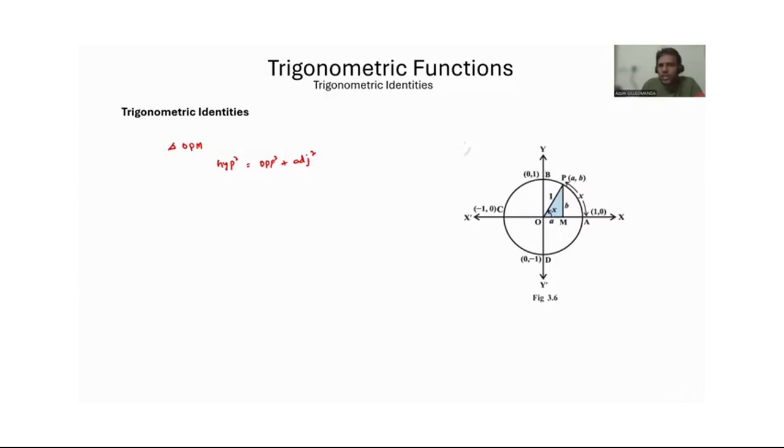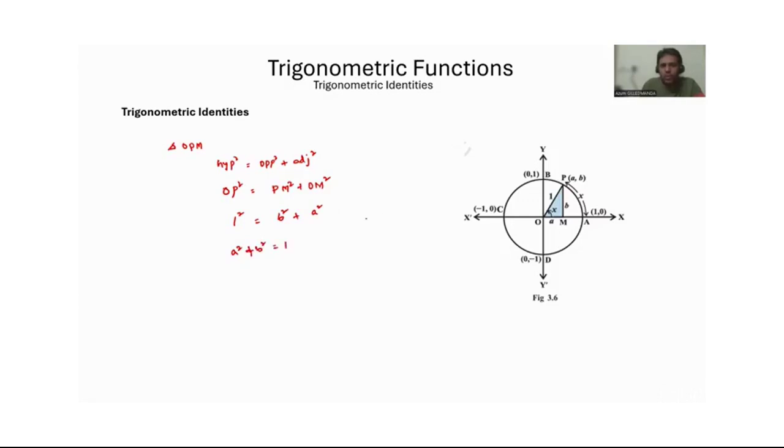So what is the hypotenuse in this triangle? OP square equals PM square plus OM square. What is OP, guys, here? It is 1 square plus... what is PM? PM is the opposite side, that is b square, plus what is OM? So I can write a square plus b square equal to 1.